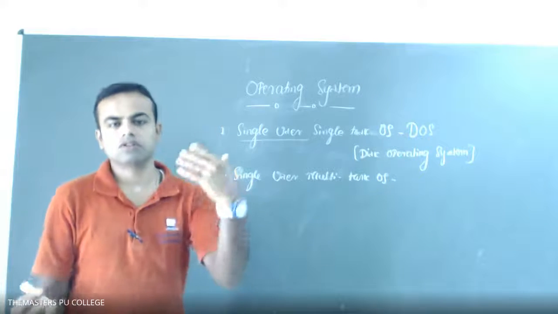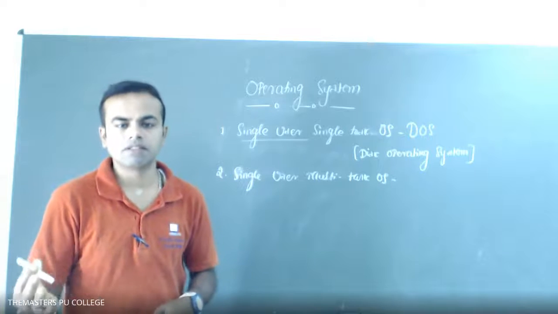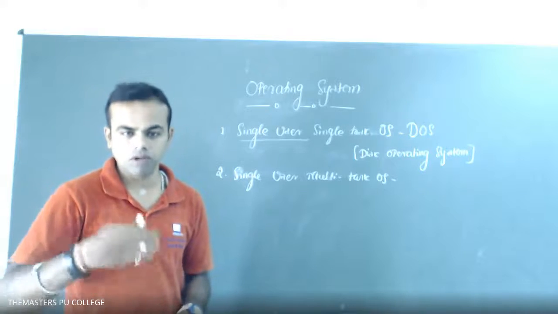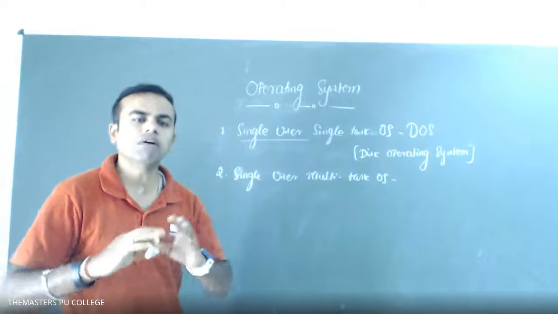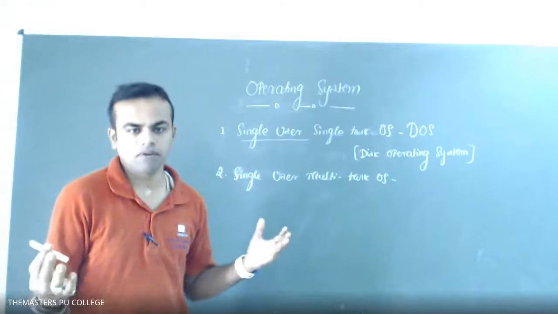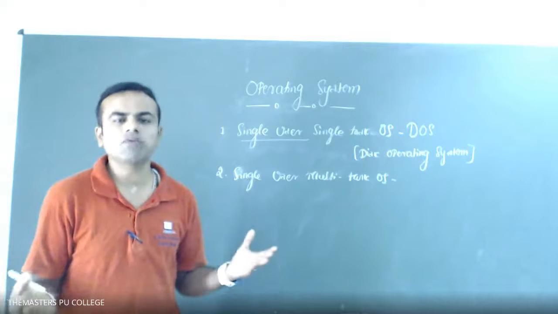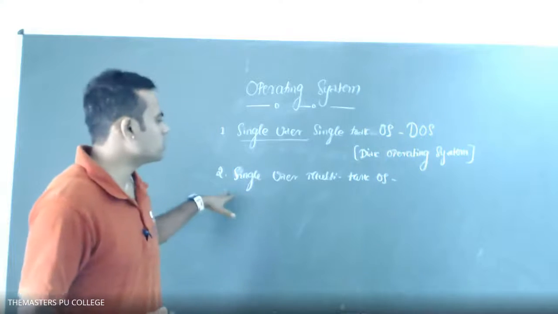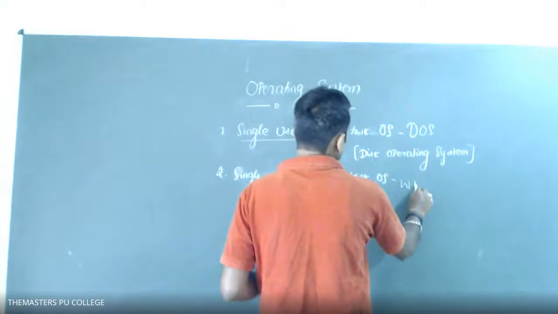I can listen to music, I can type a letter, I can send emails, I can browse the internet. At a time, the user can perform multiple tasks. Single user, one person can use that computer and perform more than one task at a time. That is what we call single user multitasking operating system. The best example is Windows.